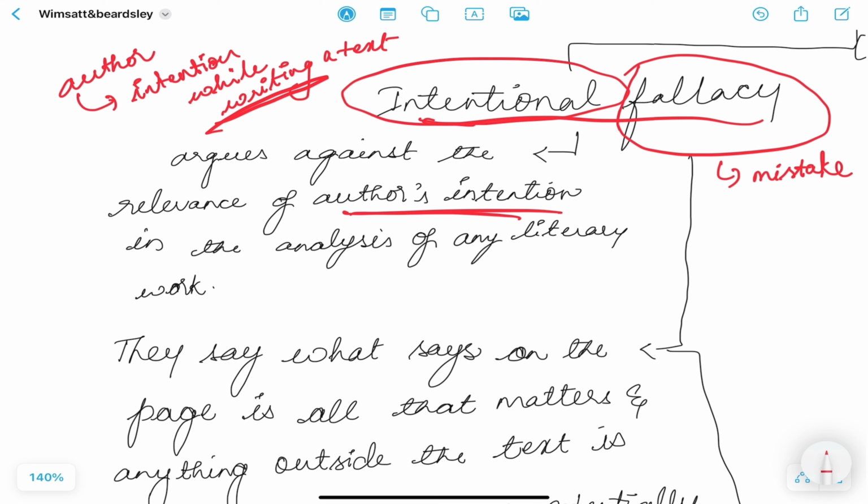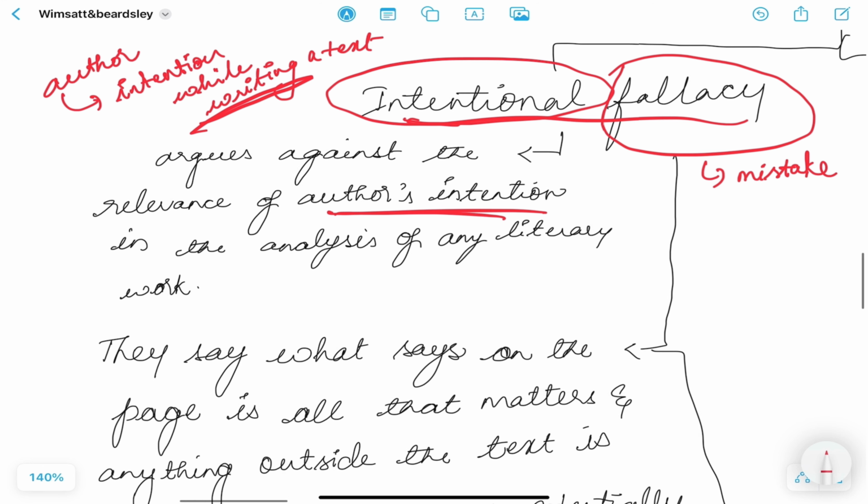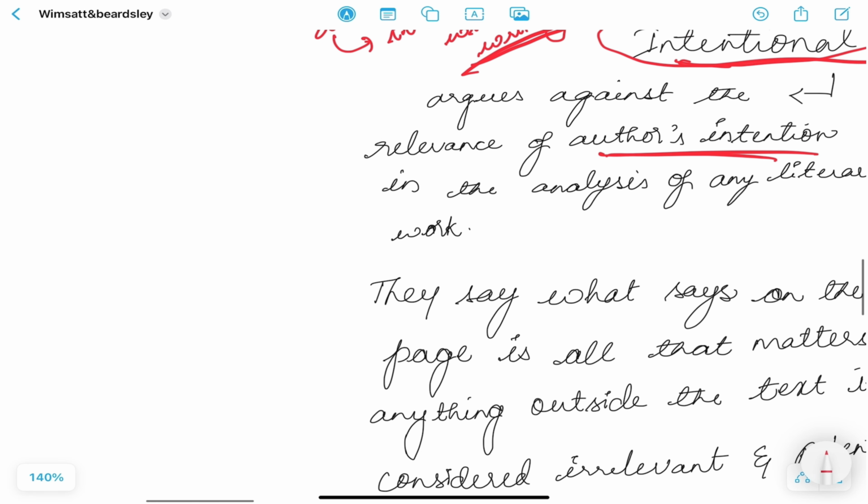You could read a text depending on what it actually conveys. But here, what do they do? What it conveys is given lesser priority.